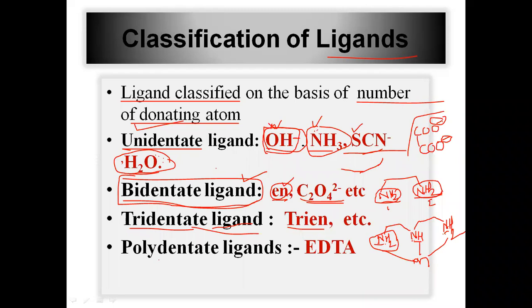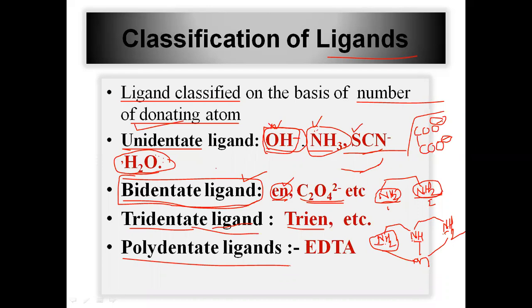Okay, then another class. One by one you can classify these ligands into different classes, but finally we can conclude that all of this is included in the polydentate ligand, because after the bidentate, from the tridentate, tetradentate, pentadentate, there is such a long family, but we cannot classify in a long way.